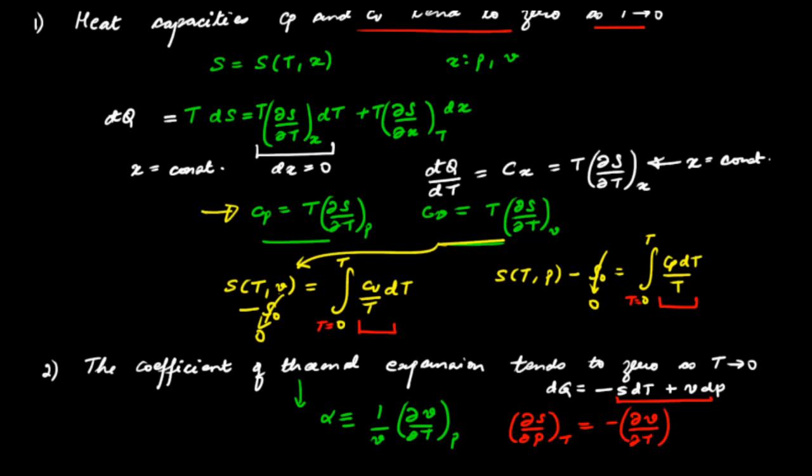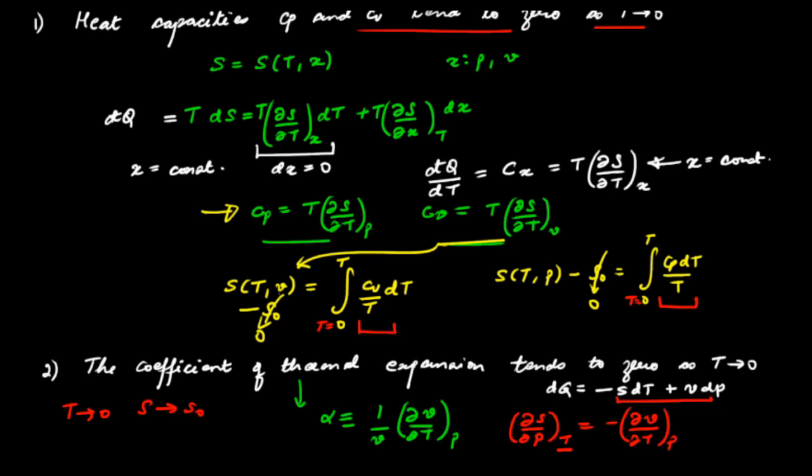at constant P. So what we have is that as the temperature tends to 0, S, that is entropy, will tend to S naught, and this limit S naught is independent of pressure. That is what the Planck's statement says.